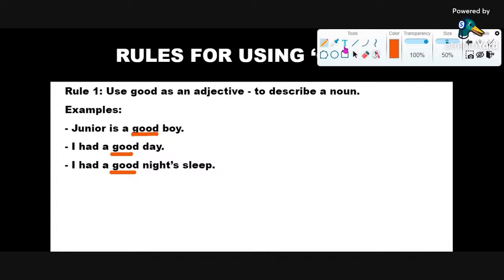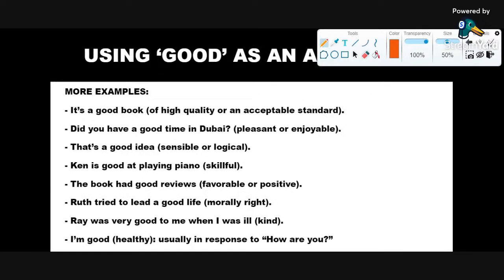Then let's now look at other examples. Let's examine other examples. Now, in using good as an adjective, we have the following examples. Let's look at the following examples.